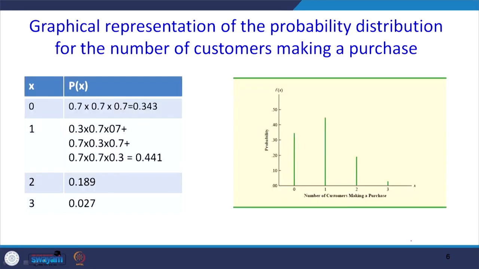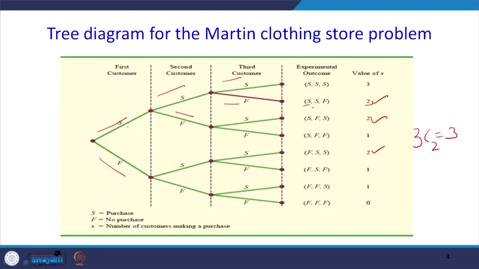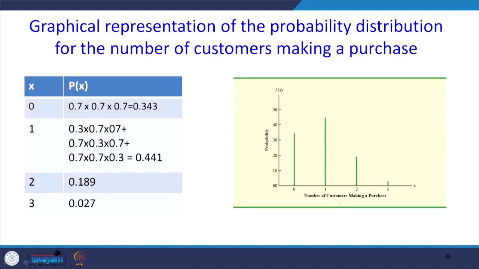If I plot this, see the x possibilities. When x equals 0, that means what is the chance that all 3 customers will not buy? That is this case: 0.7, 0.7, 0.7. If I say x equals 1, what is the probability that 1 customer will buy?